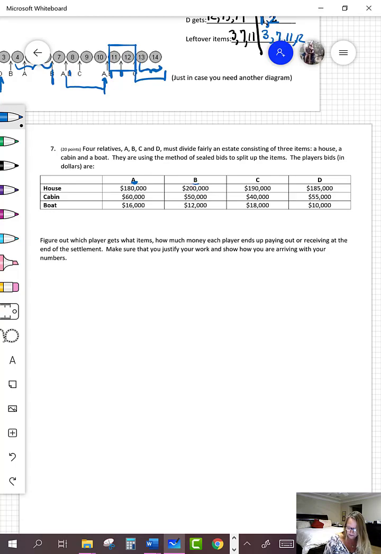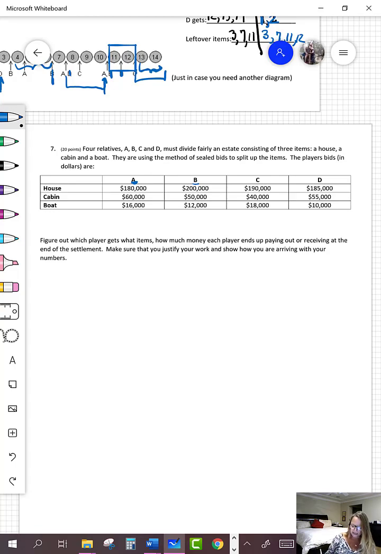Player B believes that the house is $200,000, cabin is $50,000, boat is $12,000. Player C, $190,000, $40,000, and $18,000 respectively. And D, house is $185,000, cabin is $55,000, and the boat is $10,000. So figure out which player gets which items, how much money each player ends up paying out or receiving at the end of the settlement. Make sure you justify your work and show how you're arriving with your numbers.